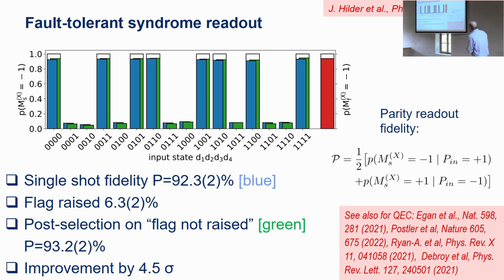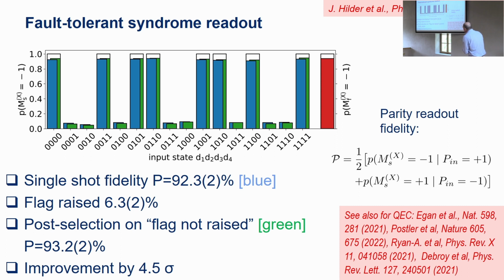And now, why is this flag useful? You see, the flag has been raised only in a very small number of cases, because it mainly reads out the data which we send, and the data was good. So why should the flag show up? Now, if we do the post-selection on the situation that the flag has not been raised, the single shot fidelity goes from 92.3 to 93.2.